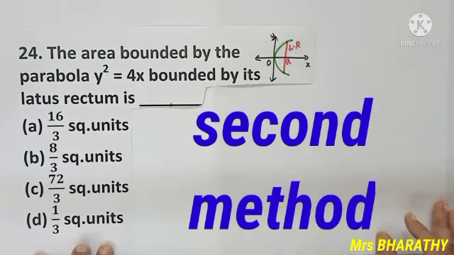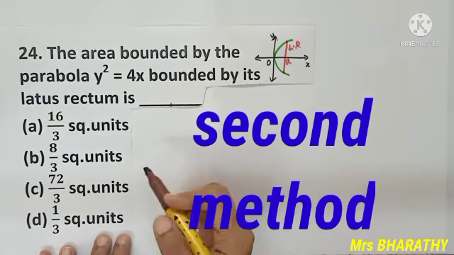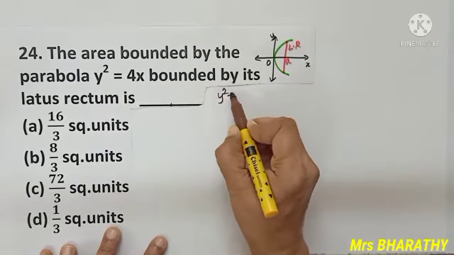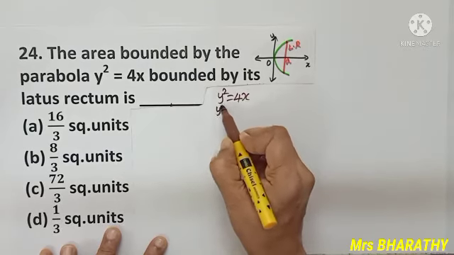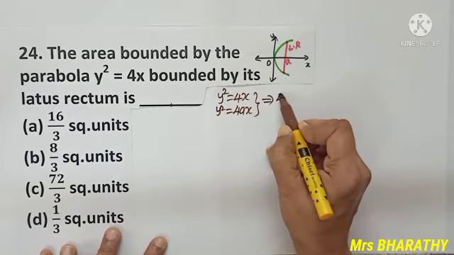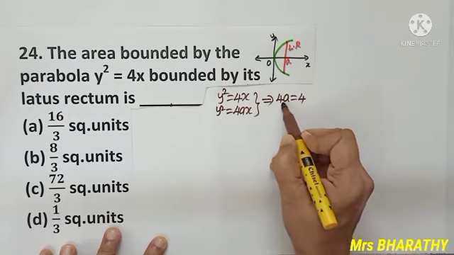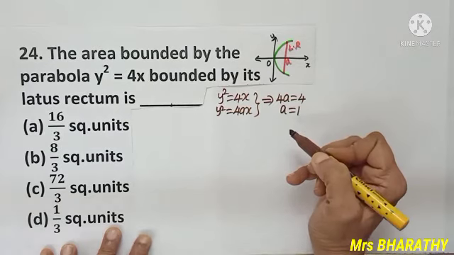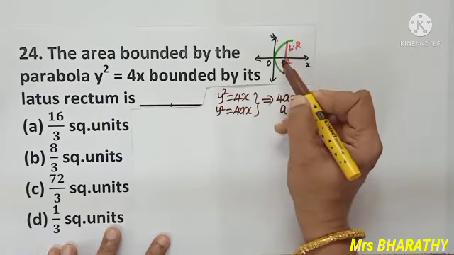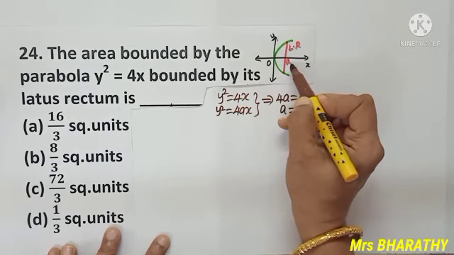Question number 24, second method. Y square equal to 4x. I compare with y square equal to 4ax. That tells me 4a is 4 or a equals 1. Whenever we mean latus rectum, the limits are 0 and a.